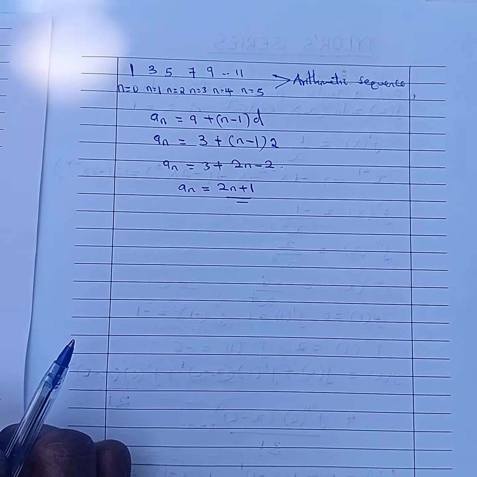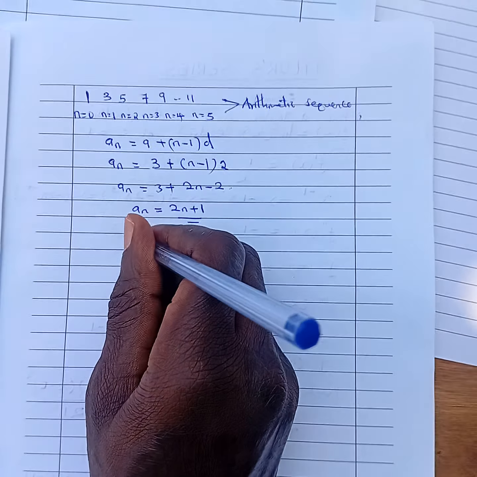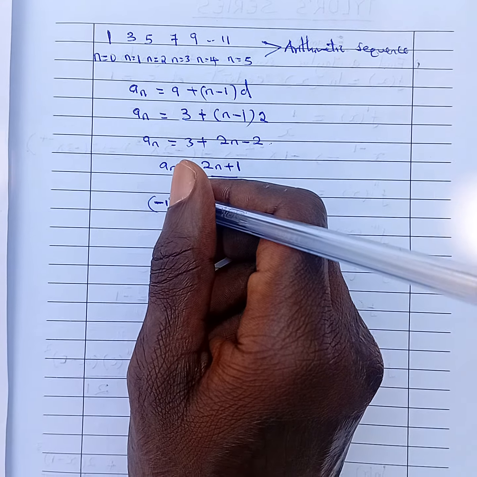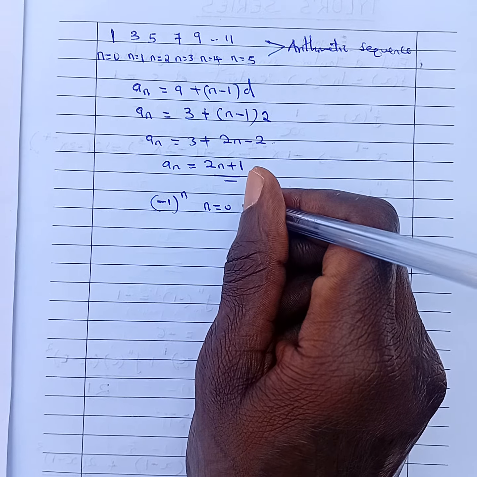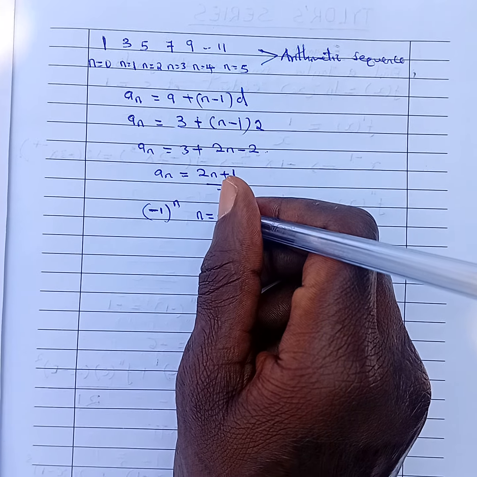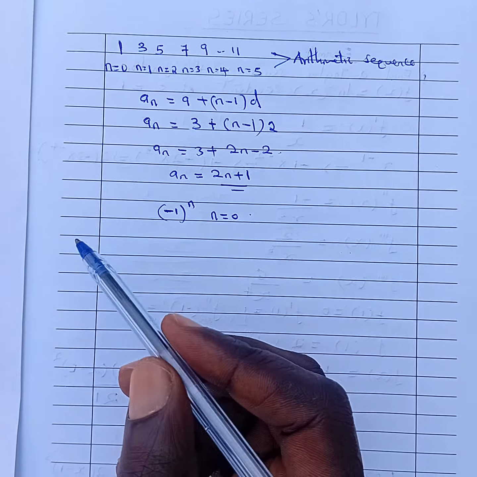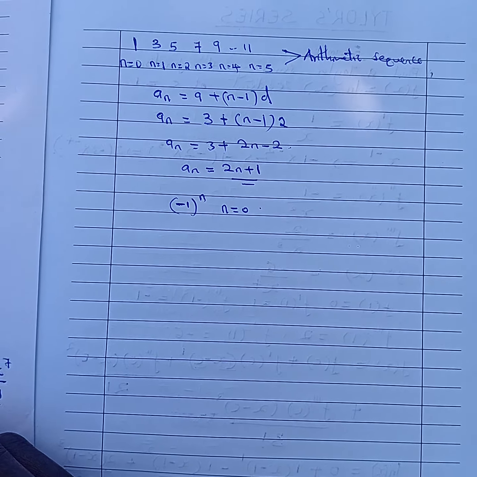And where we've gotten negative 1 raised to a power n: another thing you have to look at here is the alternating signs.